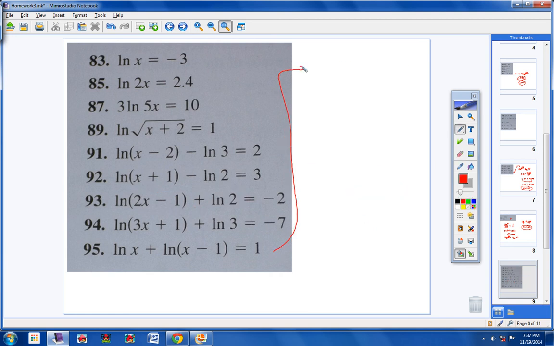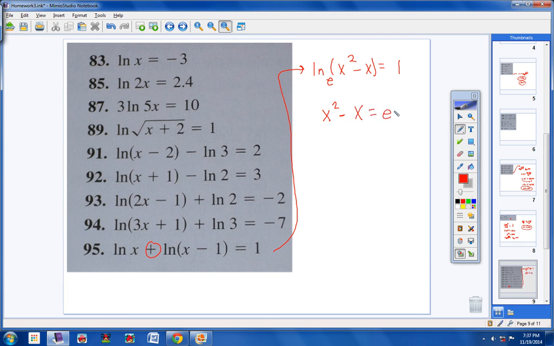Notice we have two logarithms being added, so we're going to multiply their arguments. Natural log of x squared plus x squared minus x equals 1. Now, here's a base e. So x squared minus x equals e to the 1.